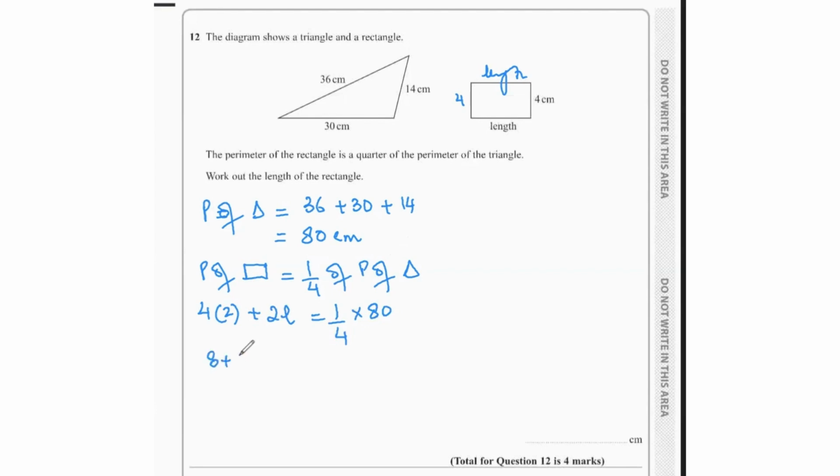So 8 plus 2L equals 20. 2L equals 20 minus 8, which is 12. L equals 12 over 2, and that is 6 centimeters. So that's your answer.